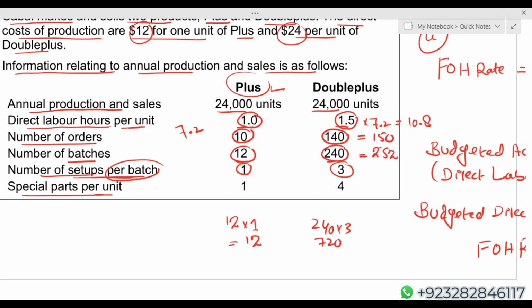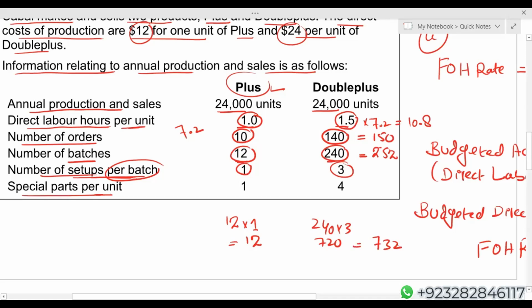It means for plus we will bear the setup cost 12 times, but in double plus, we have to bear the setup cost 720 times. So the total of the setups is 732.